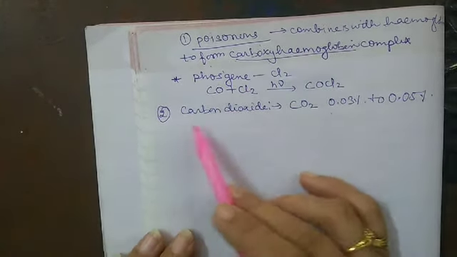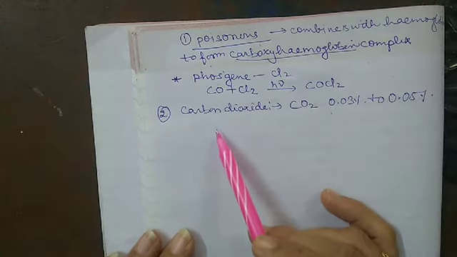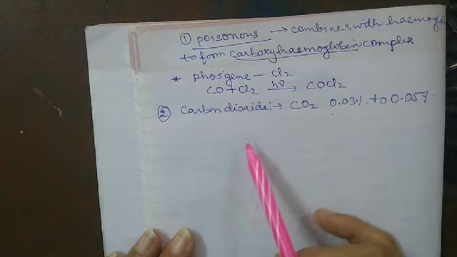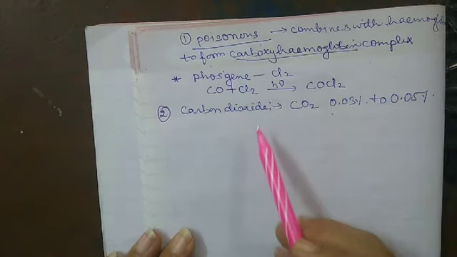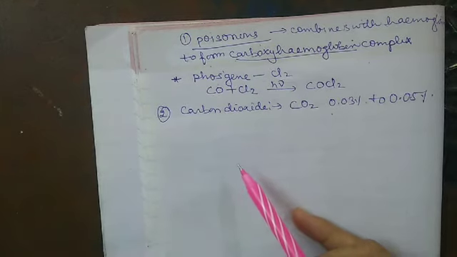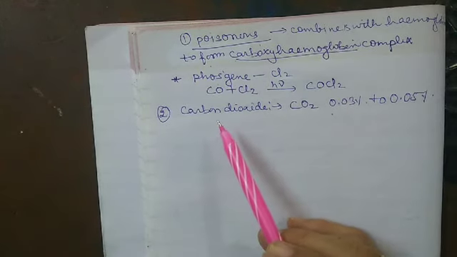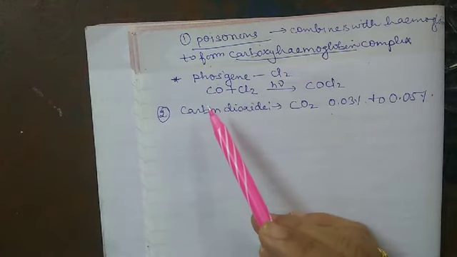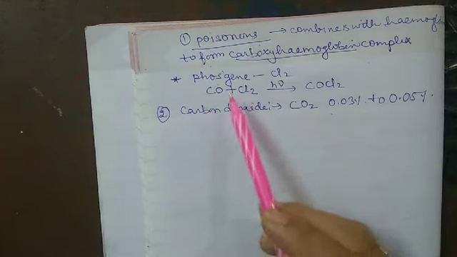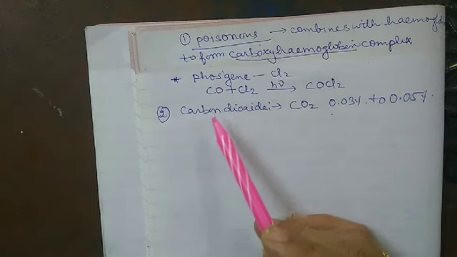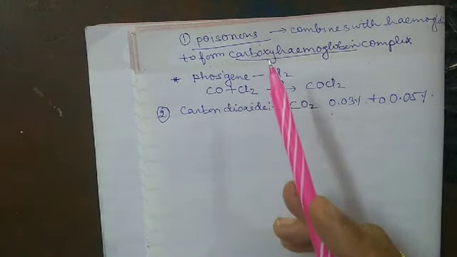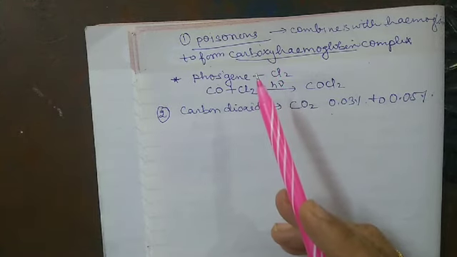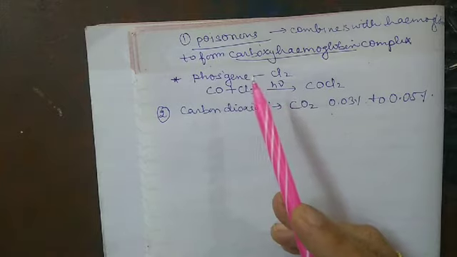And the green plant, by the process of photosynthesis, removes it from the atmosphere. The plant plays a very important role in removing carbon dioxide from the atmosphere. Photosynthesis is the process in which the green plant prepares its own food, in the presence of chlorophyll and sunlight.